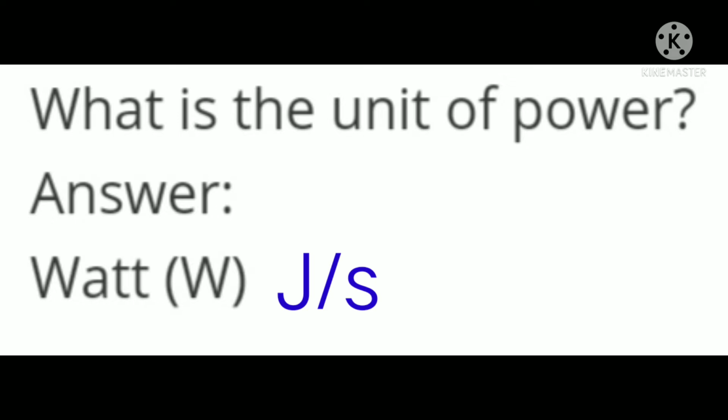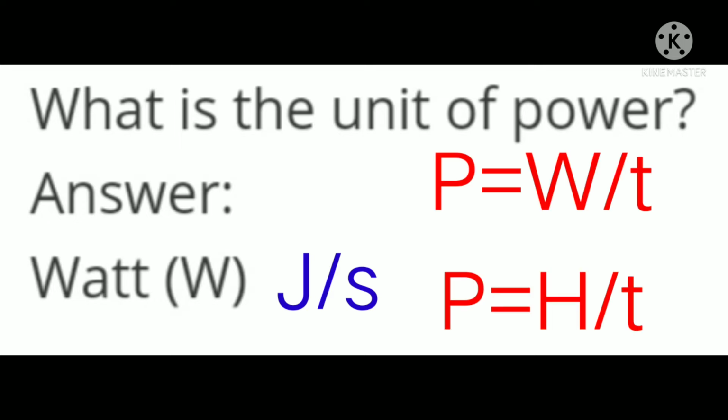In which way have we given this? You have studied in the earlier class that power is the work done per unit time. That is, power is equal to W by T. W is the work done, T is the time in second. Work done is also heat, so we can change this equation.